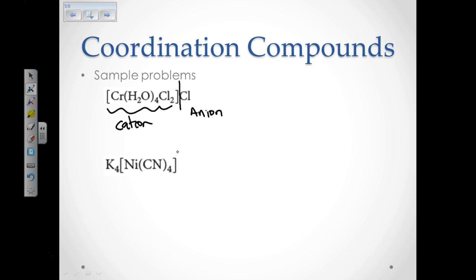It's named a complex ion because there's a metal with other things bound to it. So just like how we would name NaCl, where this is chloride and this is sodium, so it becomes sodium chloride, that's what we're going to do here. We know this, that's chloride.